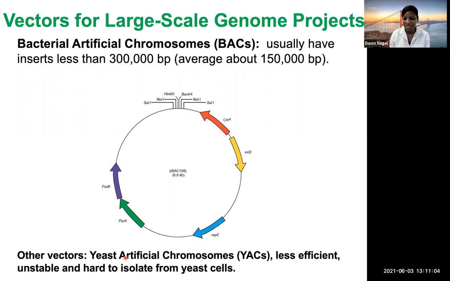So it's a more intensive process to isolate a plasmid out of the yeast cell. In the early days of genome sequencing, many people were using YACs, but BACs are the preferred choice for sequencing now.